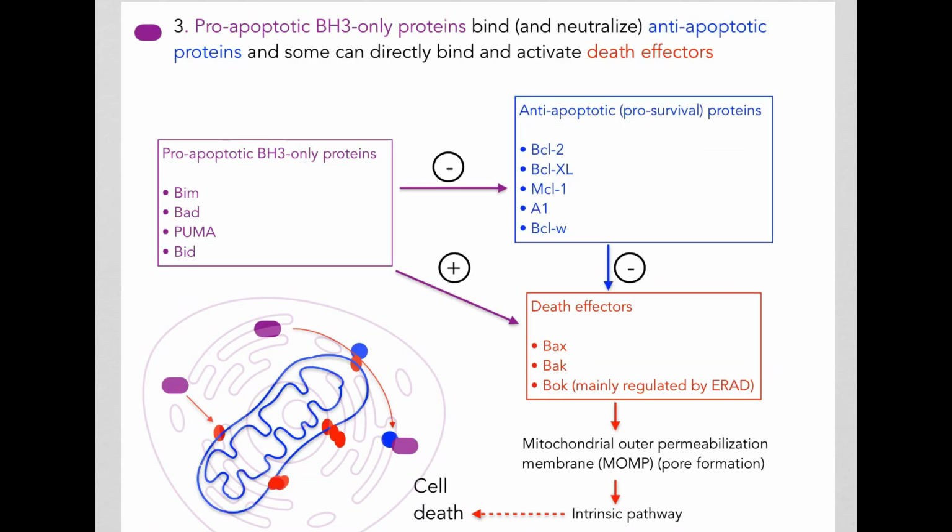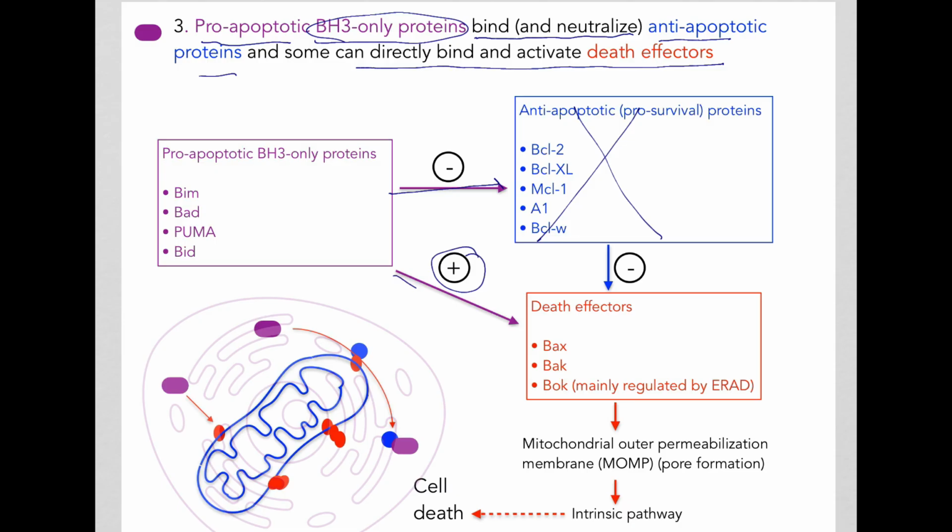And then we have the pro-apoptotic BH3-only proteins. So these are pro-apoptotic. What they do is bind and neutralize the anti-apoptotic proteins. The BH3-only proteins can also directly bind and activate death effectors.